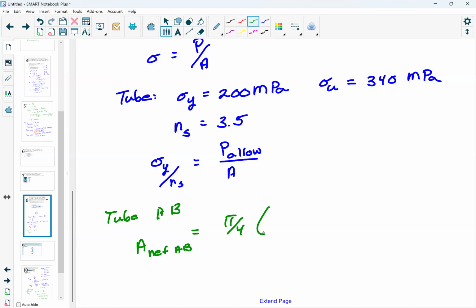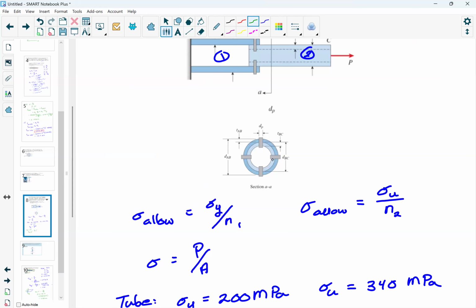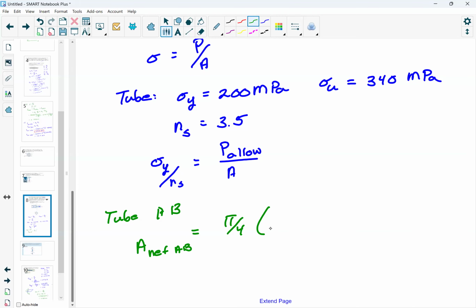We're given a lot of information here, but I think this drawing is actually rather helpful. So we're going to have the outside area minus the inside area.